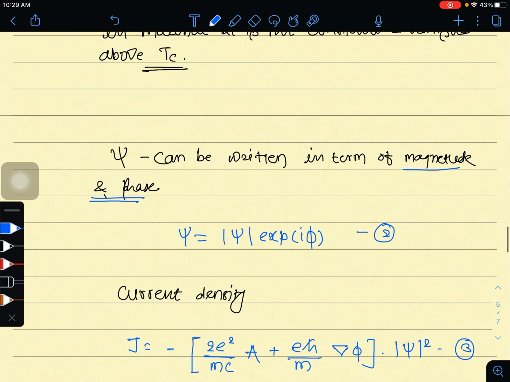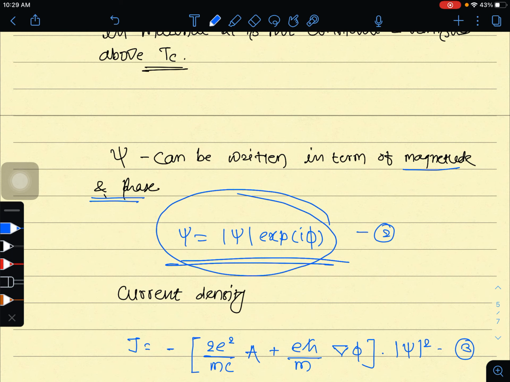Now we have another equation related with the flux, that is equation number 2. This equation says that the flux does not remain held in the ring itself; it is continuously outward.